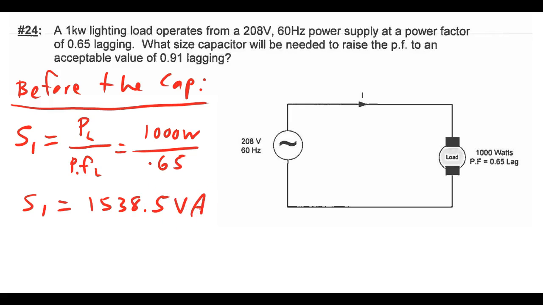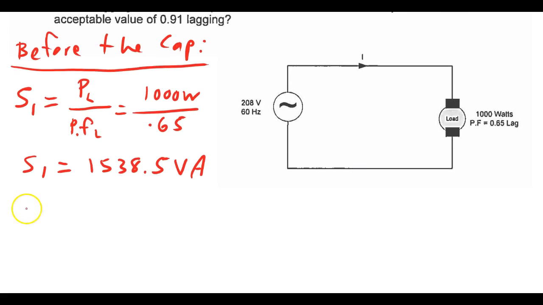In addition, we'll calculate Q before the capacitor is added, and Q then, QL, the inductive reactive power, will be equal to the square root of S1 squared subtract P squared.